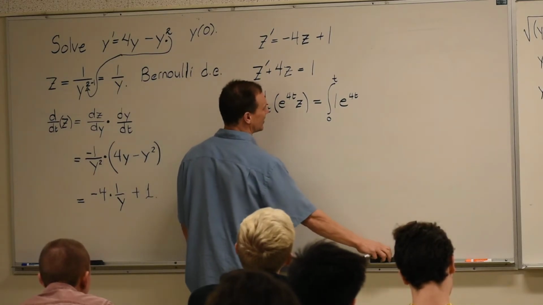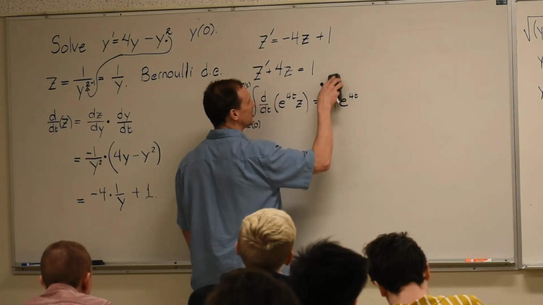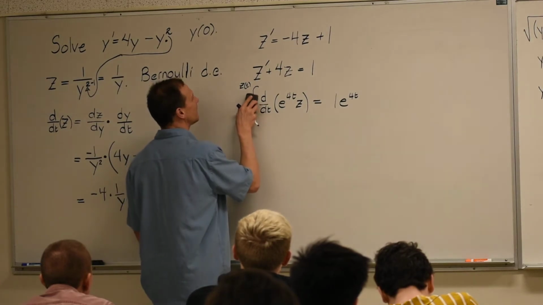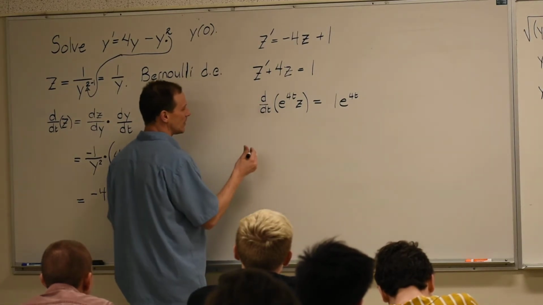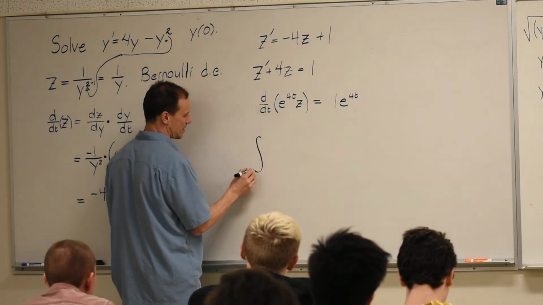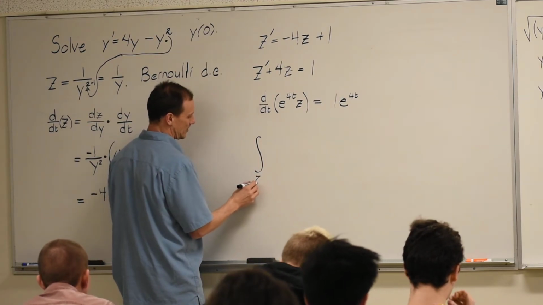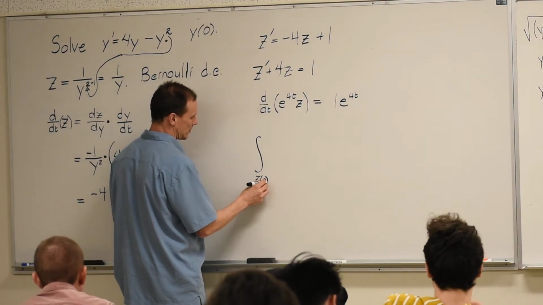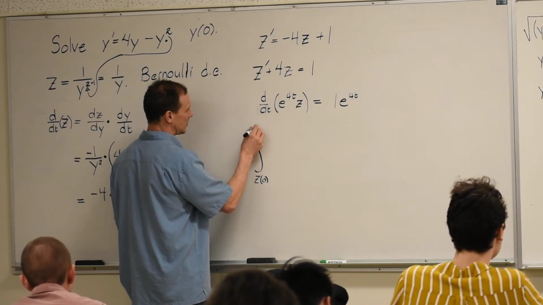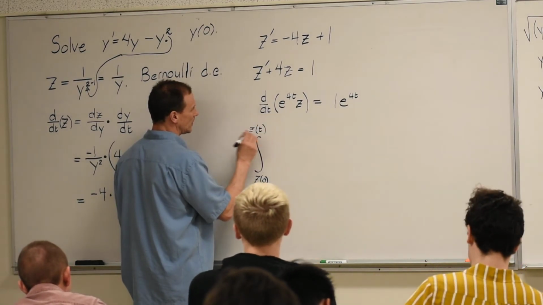Oh man, that was too fast. I made mistakes. I'll just write a new one. It's the integral from z of 0 to z of t.